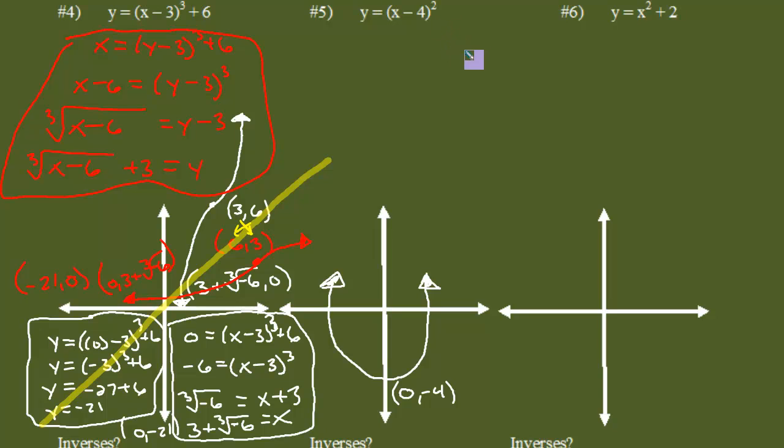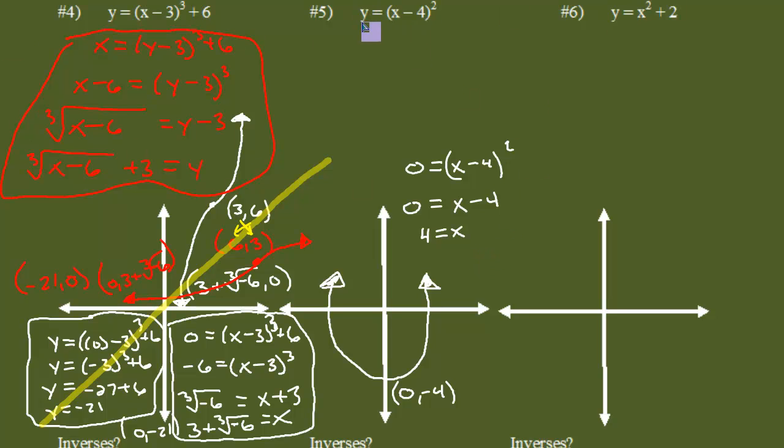X-intercepts, let's see if I can do this maybe in this location. 0 equals the difference of x and 4 squared, square root both sides, and add 4. And it tells me I have an x-intercept of 4, but only one x-intercept, which means I have definitely messed up this problem.